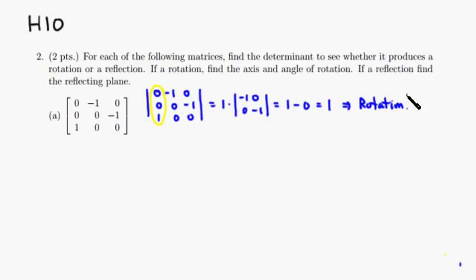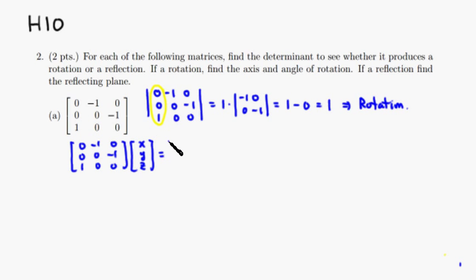In order to find the axis of rotation, we need to find the fixed point. So we apply this matrix to x, y, z and set that equal to x, y, z.